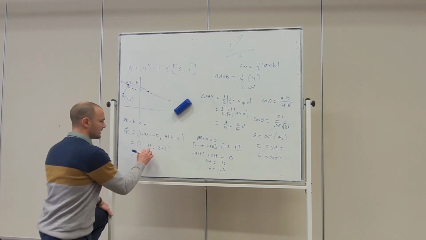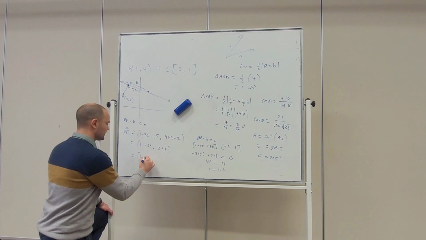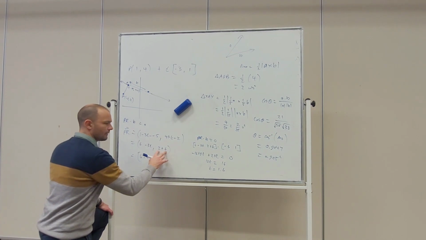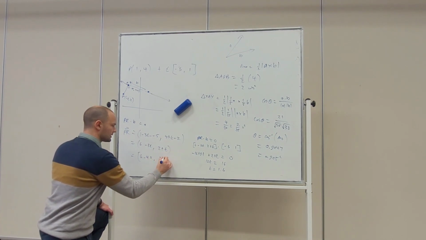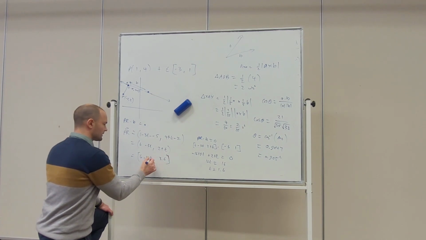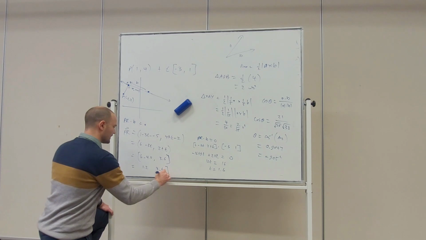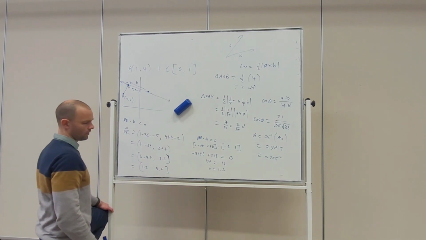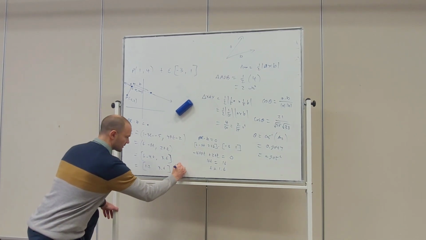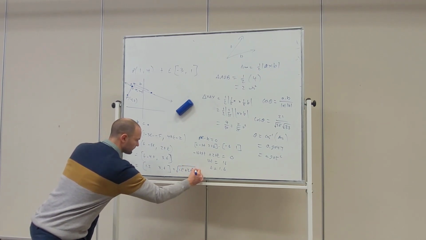So that's going to be 6 take, now 3 lots of 1.6, that's going to be 4.8. So 6 take 4.8, and we'll have 2 plus 1.6, 3.6. Now 6 take 4.8 would be 1.2 and 3.6. So that's the vector from P to R. We just want the modulus of that vector. So that's the square root of 1.2 squared plus 3.6 squared.